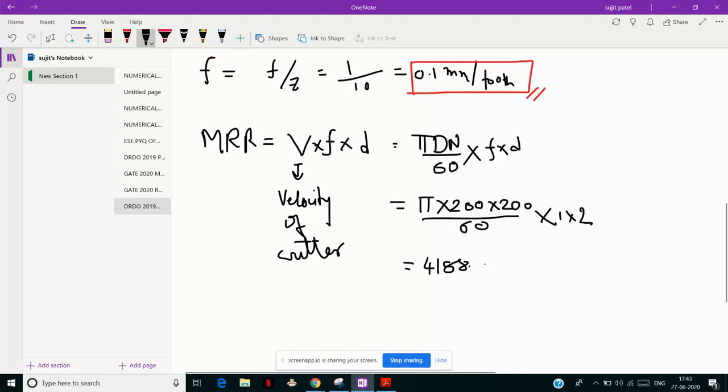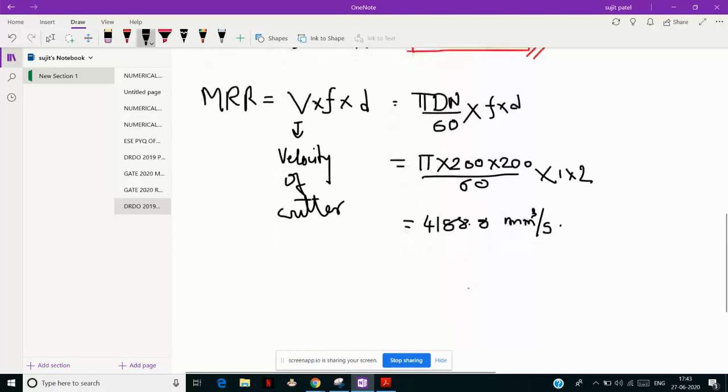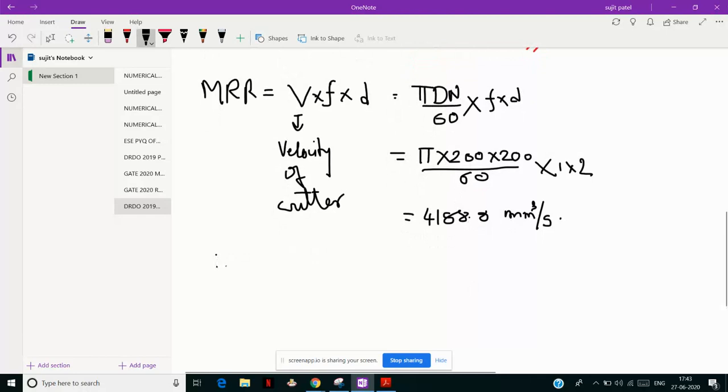I am getting this as 4188.8 mm cube per second. And what we have to find is power. Power is given as specific cutting energy into material removal rate.